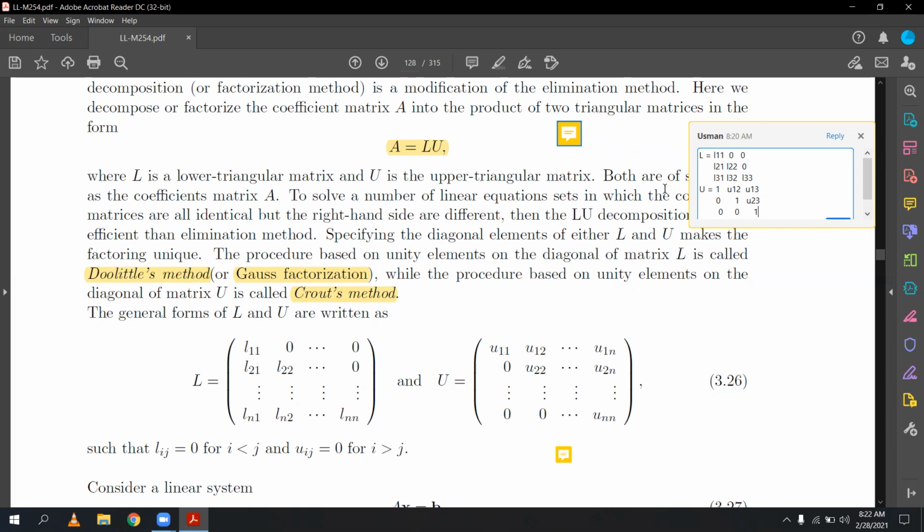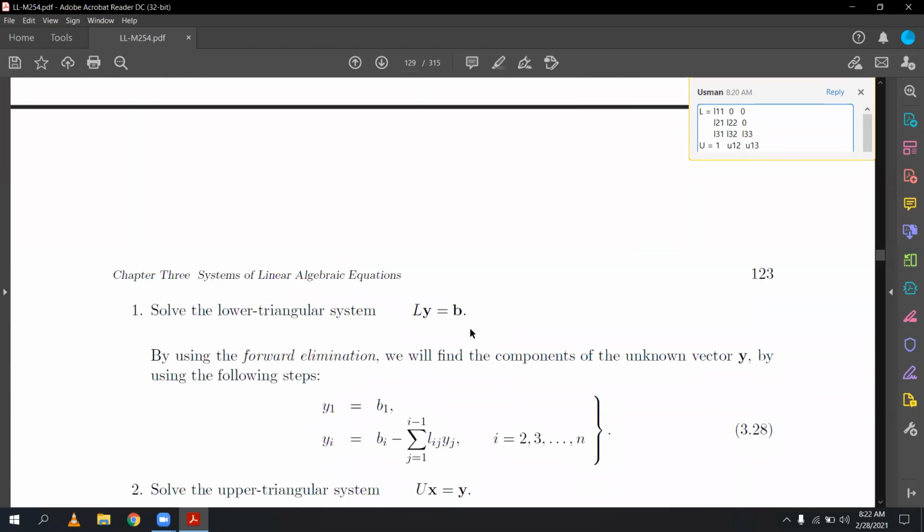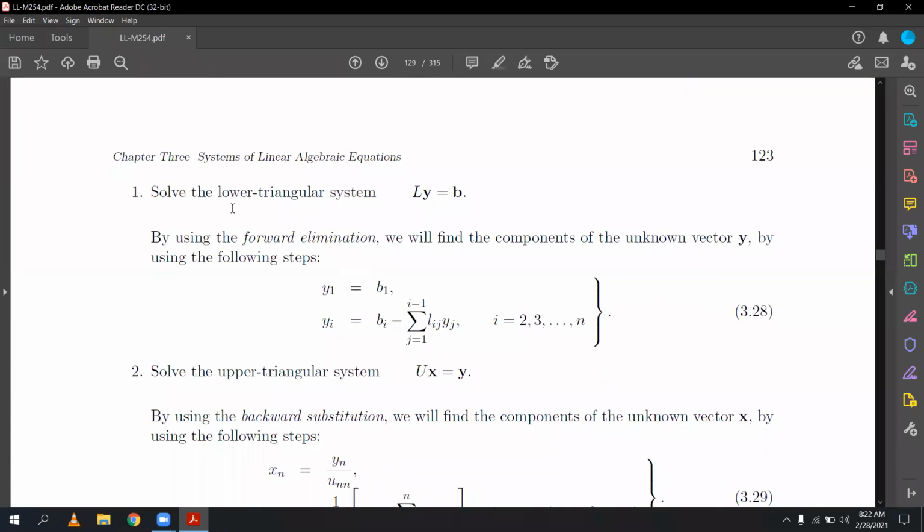This is what we have now in the case of the LU decomposition that I mentioned. After you decompose A into L and U, we have to solve forward substitution. What is forward substitution? We know Y1 is B1, and then we can find Y2, Y3, going from top to bottom.